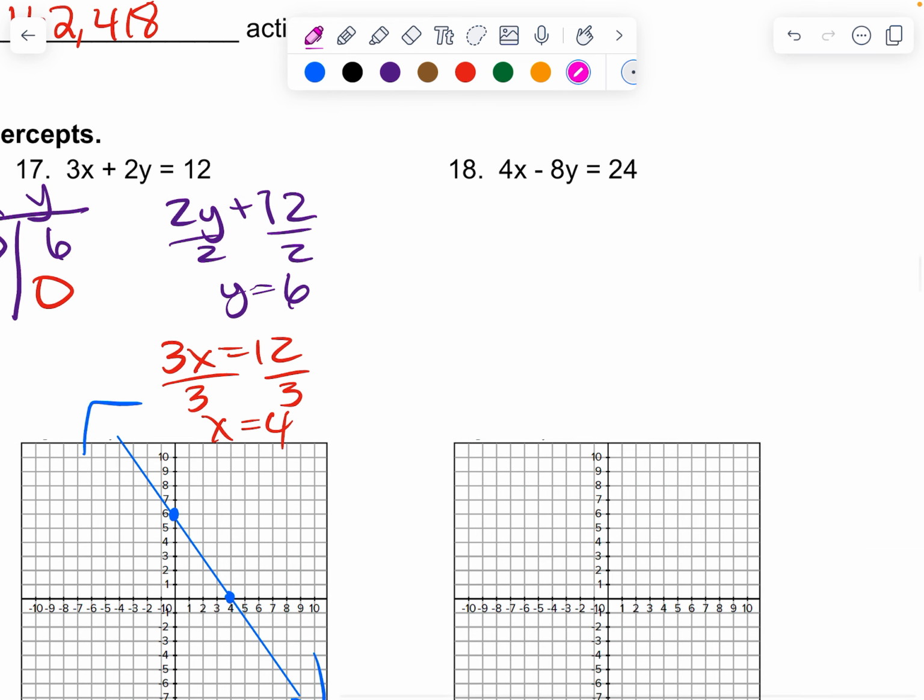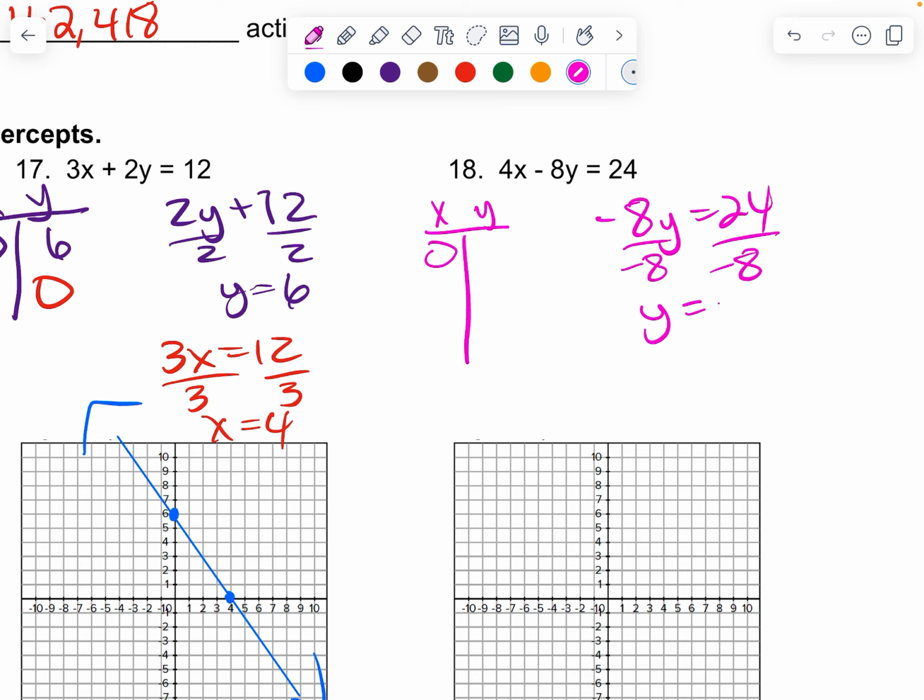Then, last but not least, plug in 0 for x. I get negative 8y equals 24. Divide by negative 8 and get y equals negative 4. Plug in 0 for y. I get 4x equals 24.